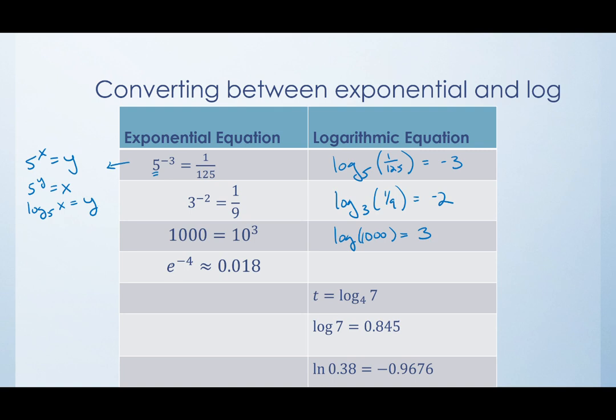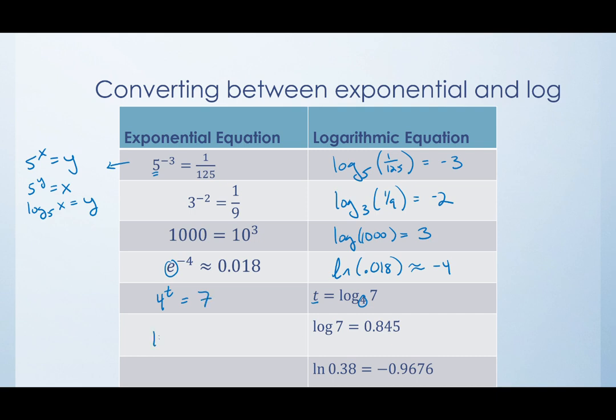So this one we have a base e, so we're going to use natural log of 0.018. It's approximately equal to negative 4, and this one's not exact because e is an irrational number. So it's not too bad to go from exponential to log, and honestly, I don't think it's too hard to go the other direction so long as you remember base to the output equals the input. So we're going to say 4 to the t equals 7.